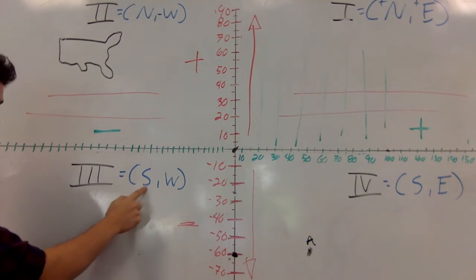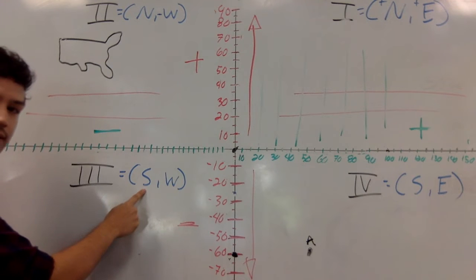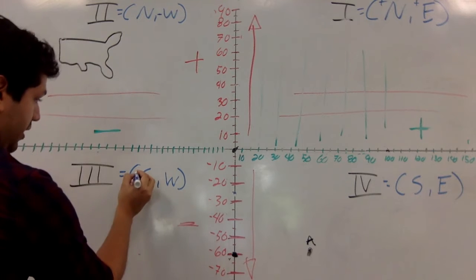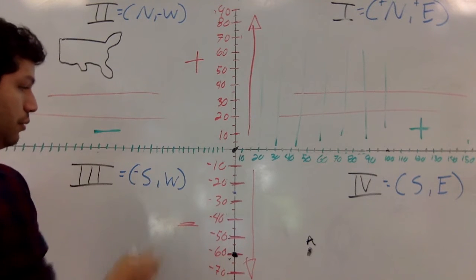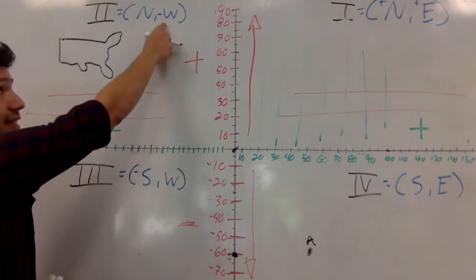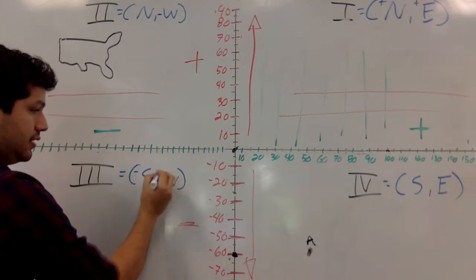Remember, my south is my latitude, so that's going to be negative. But we're also in the western hemisphere, which, as we've already said, is negative.